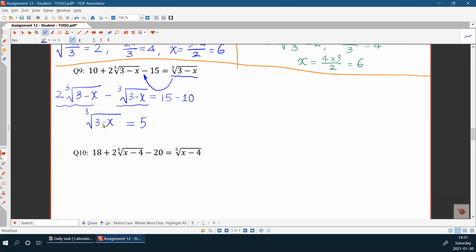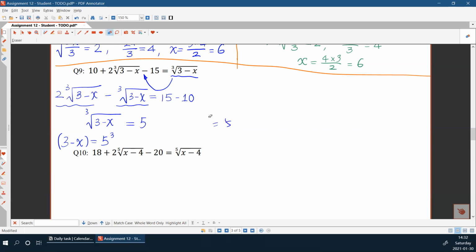So when you have cube root of something is 5, that means your thing here is actually 5 raised to the third power, because 5 raised to the third power and then raised to the 1 over 3 power is 5.